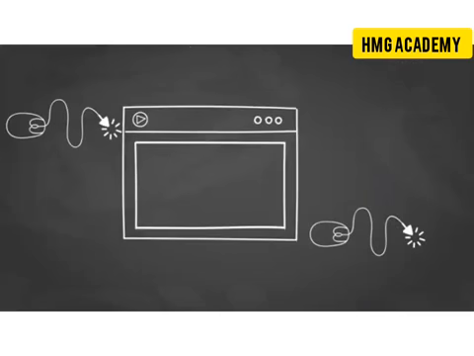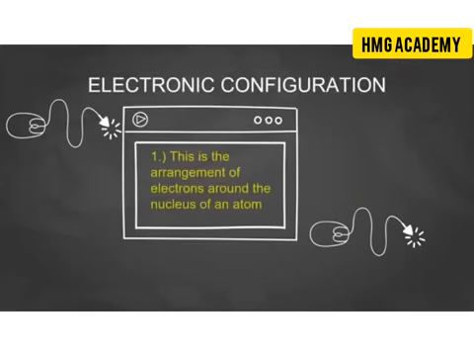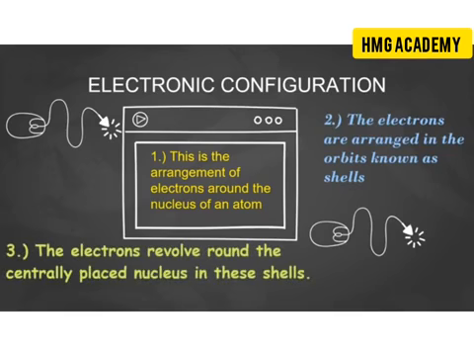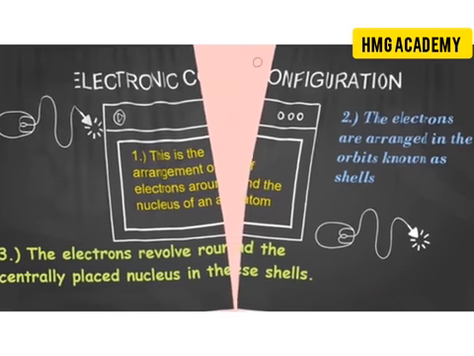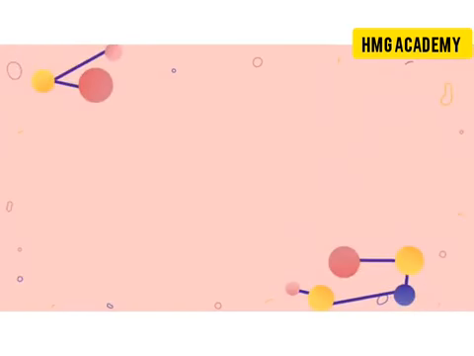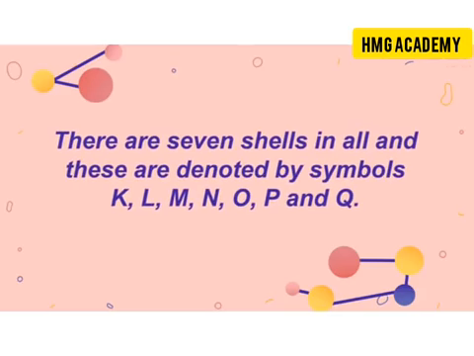Let's now take a look at electronic configuration. This is the arrangement of electrons around the nucleus of the atom. The electrons are arranged in the orbits known as shells. The electrons revolve around the centrally placed nucleus in these shells. There are 7 shells in all.